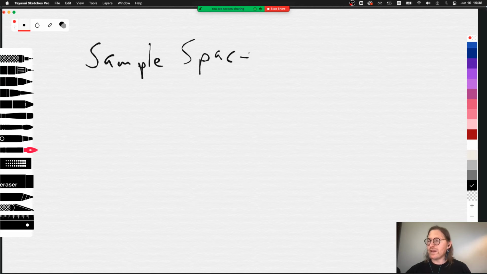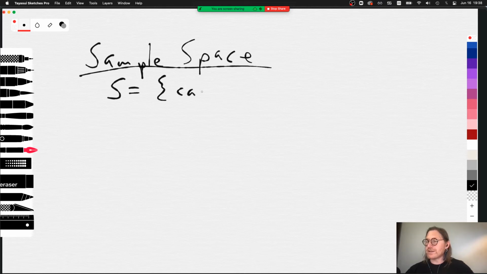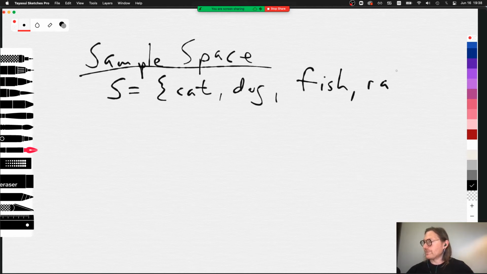And we're going to make it exhaustive by way of counting. Okay? So let's say we have S as being composed of a cat, a dog, a fish, and something that starts with a different letter, a rat.